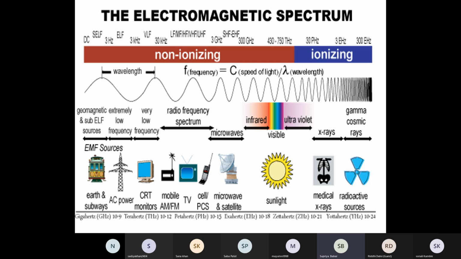And after visible, there is infrared. There is the IR spectrum also. If I have synthesized one compound and I have to see the functional groups in that compound, what functional groups are present, I do the IR for that compound.